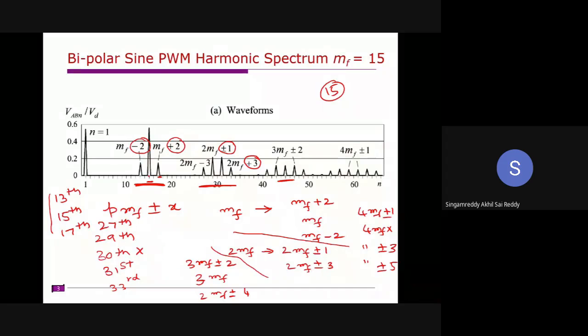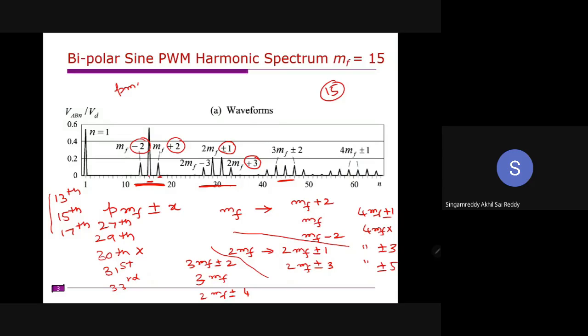Another doubt, sir. Is there any pattern to take values of P and X in that PMF plus or minus X? Yeah, I will discuss that now. So you have this PMF plus or minus X, right?